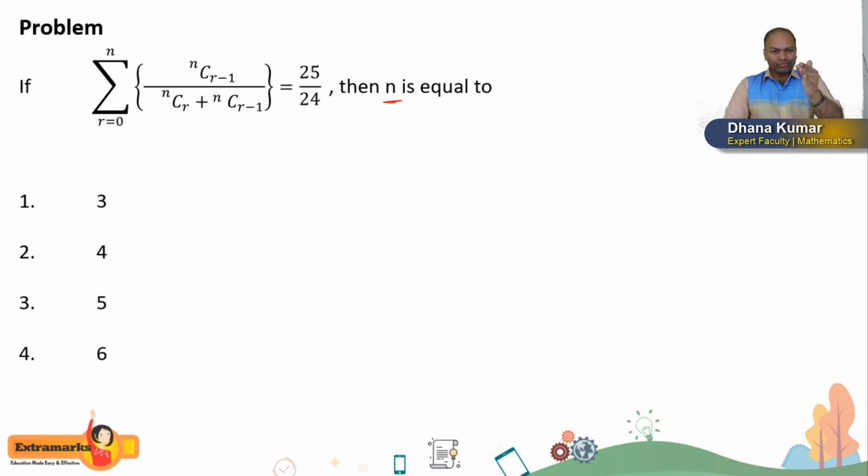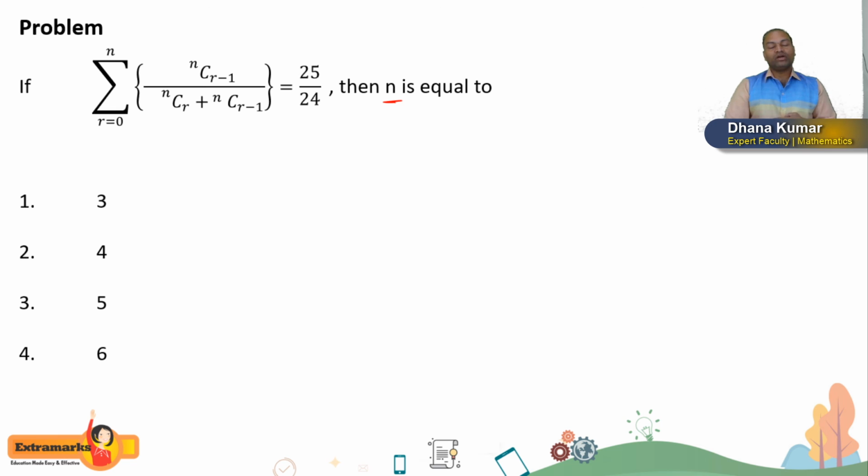Suppose you know that procedure, fine. Otherwise, just go for options verification. First put n is equal to 3. Simplify it. Is the answer 25 by 24 or not? If it is there, fine, the first option is correct. Otherwise, verify with 4. Otherwise, 5. If these 3 are wrong, obviously the fourth option is correct.